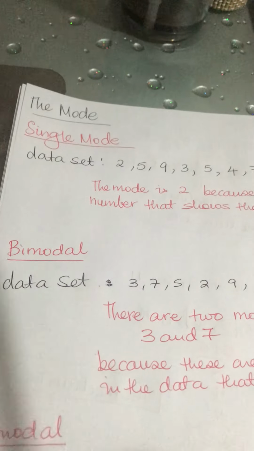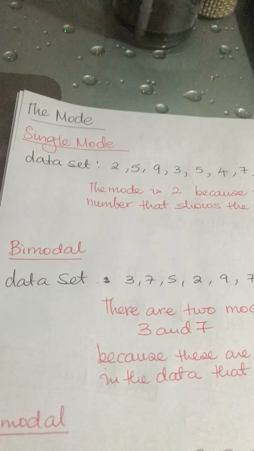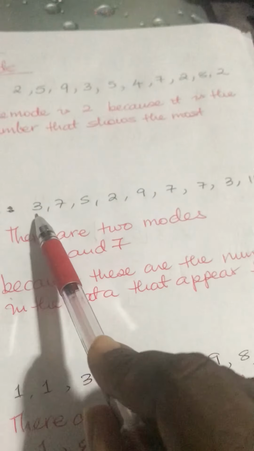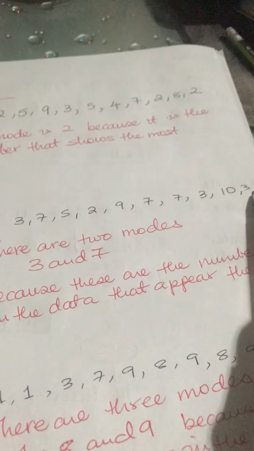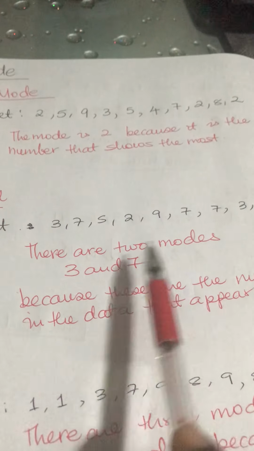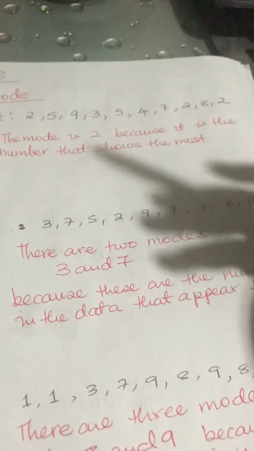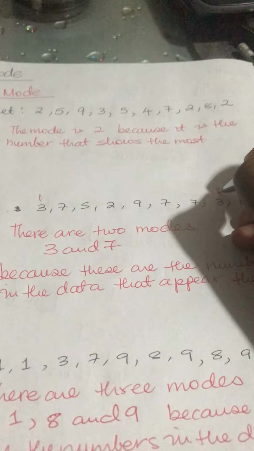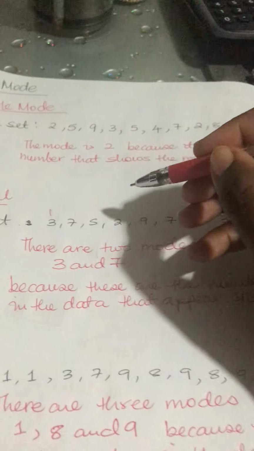Bimodal means you have only 2 numbers that repeat the most. So here is my data set. And you can see there are 2 modes. The modes are 3 and 7. See, this is the first 3, the second 3, and the third 3. And let's look at 7.